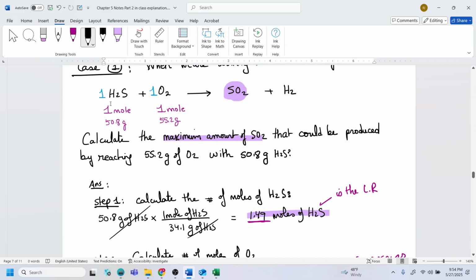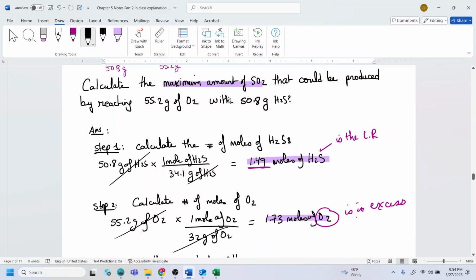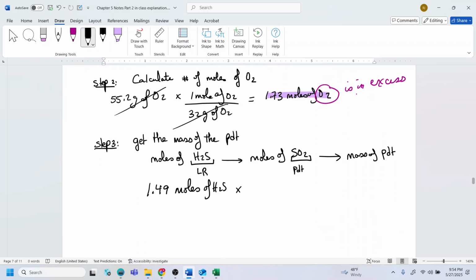So I have 1 mole of H2S forms 1 mole of SO2, right? So I would say 1 mole of SO2 is formed by reacting with 1 mole of H2S. So I introduce the moles of the SO2.